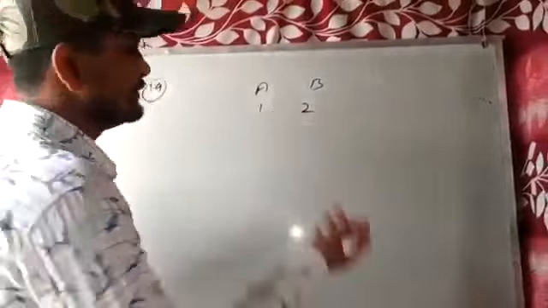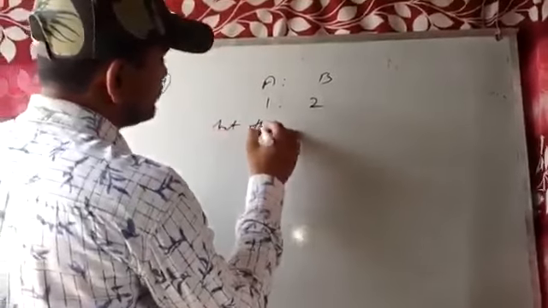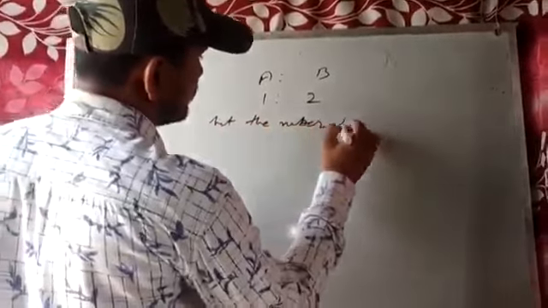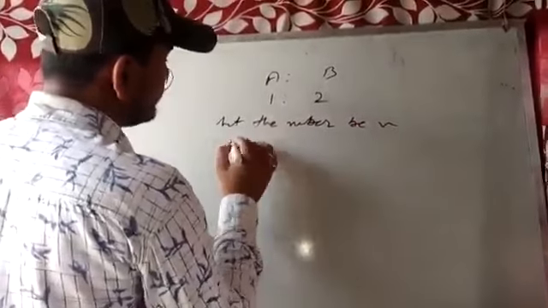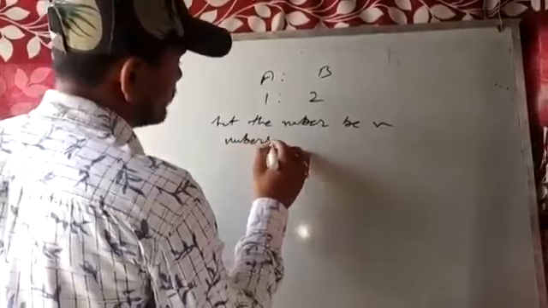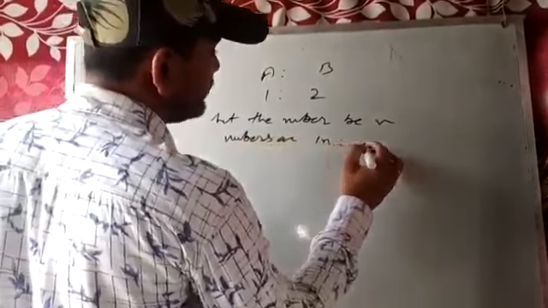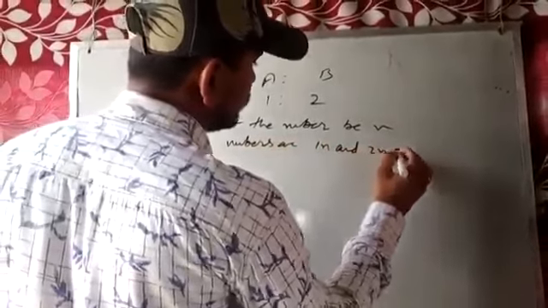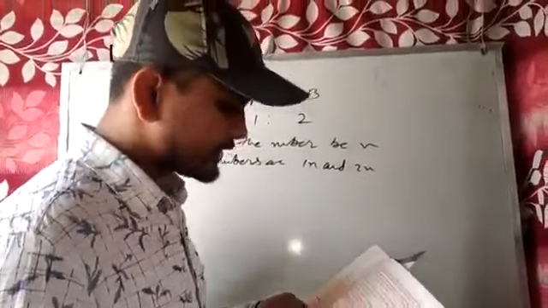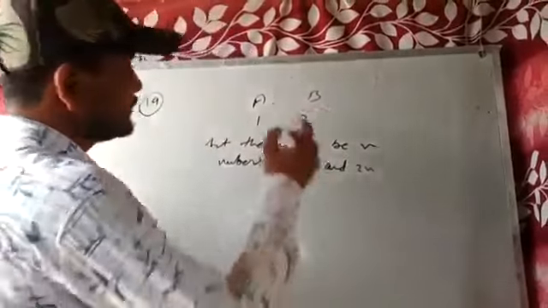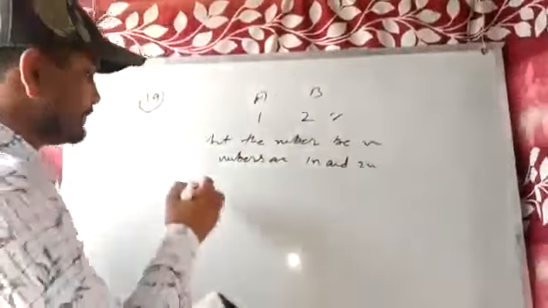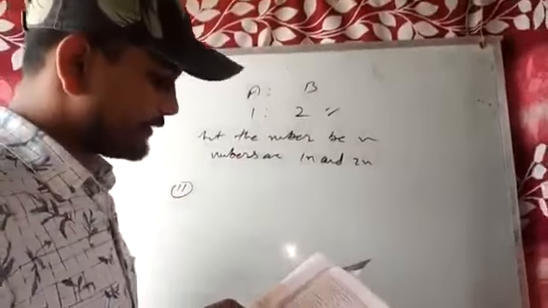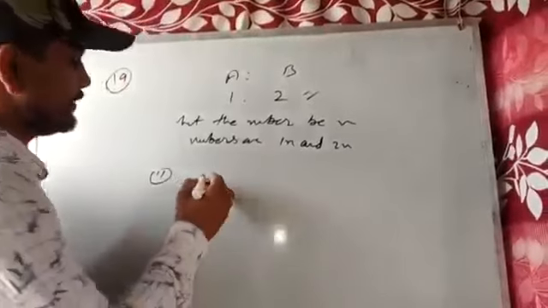Because A gets half of B. So let the number be x. So the numbers are 1x and 2x. First question, the ratio of the share of A to B. The ratio of A to B is 1:2.